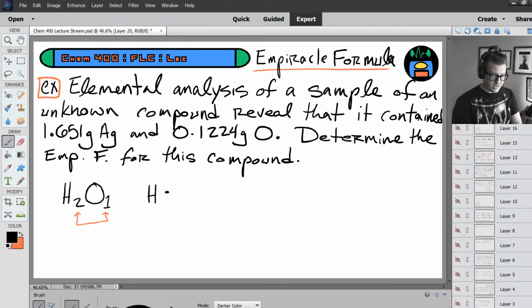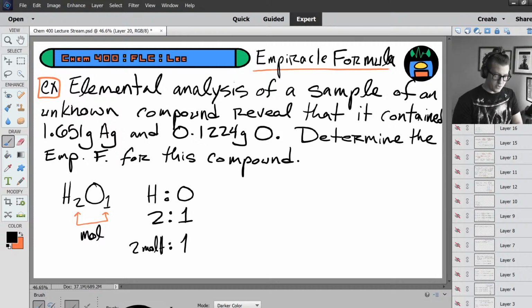The ratio of hydrogen to oxygen is 2 to 1. Now, this is not a mass ratio. This is a molar ratio. This is 2 moles of H to every 1 mole of oxygen.